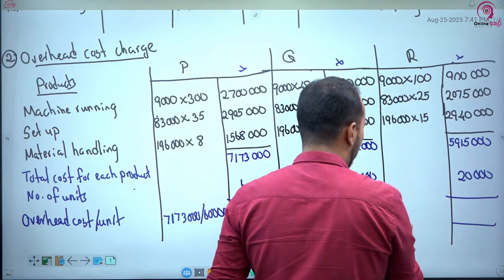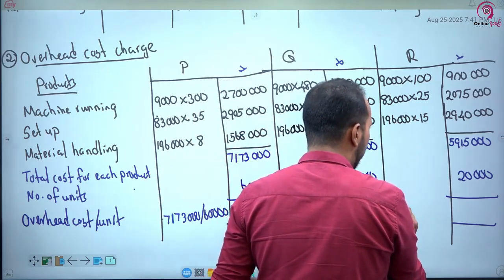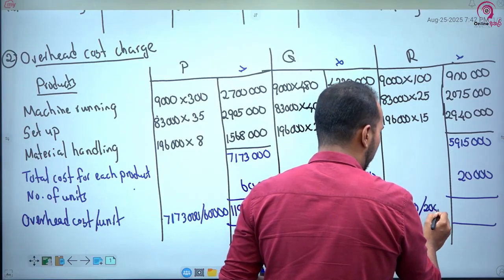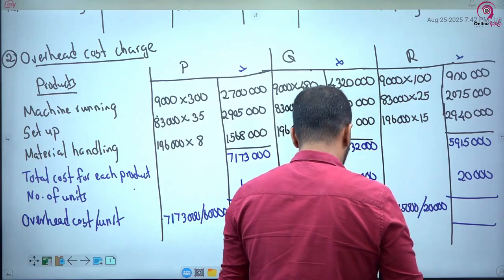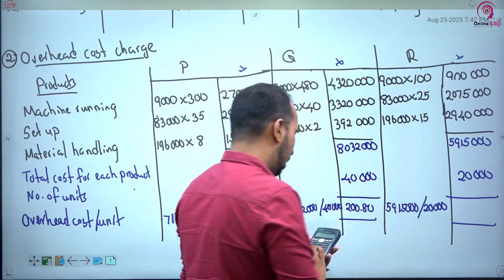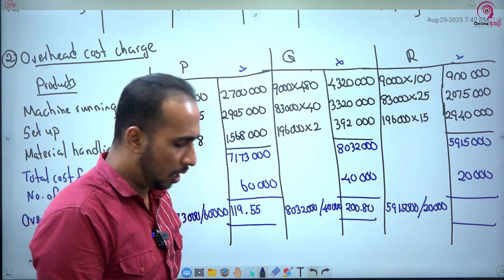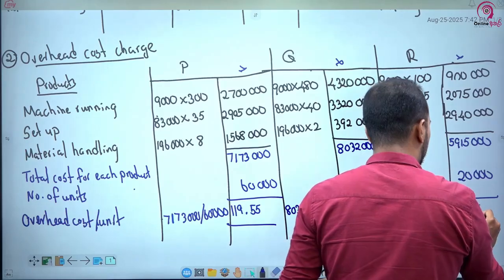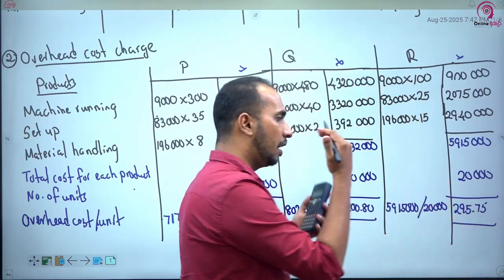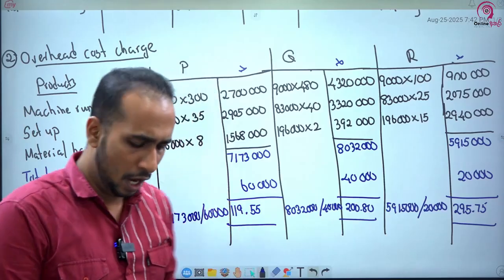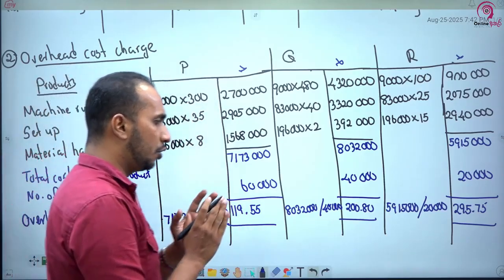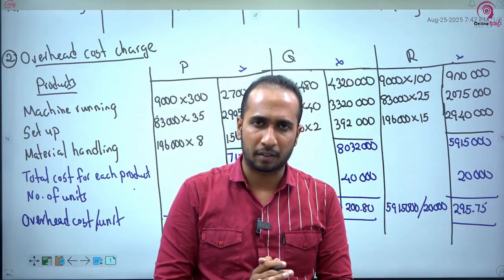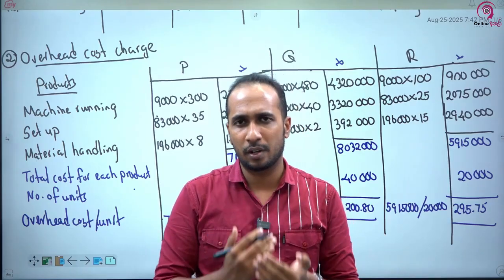In the same way, you can calculate for product R. It is 5,915,000 as the total cost divided by 20,000 units, which is 295 rupees and 75 cents. This is the essence of the whole exercise. You should be able to calculate the overhead cost per unit of each product. That is necessary for us to calculate the profitability.